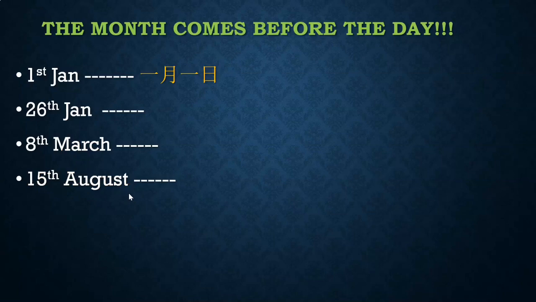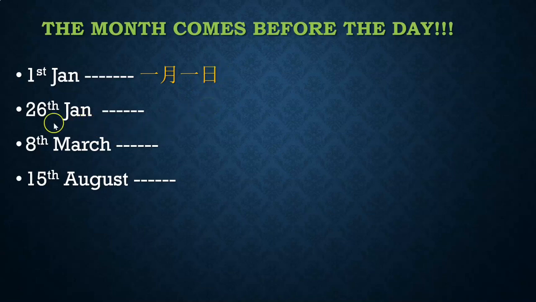Okay, now there's one thing that Miss Ran would like to remind you. You see here how the 1st of January, although in English we put the day of the month first and then the month next, but in Chinese, always remember that we need to put the month first and then the day of the month after that. Okay?